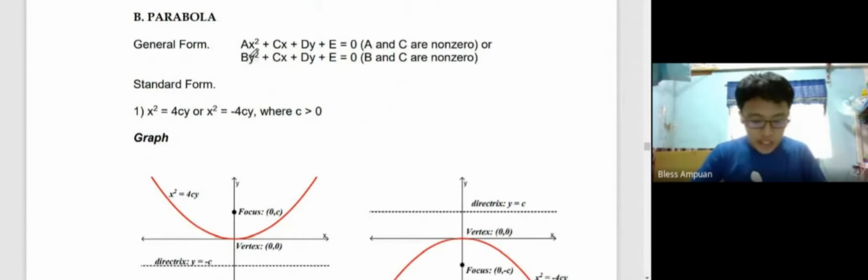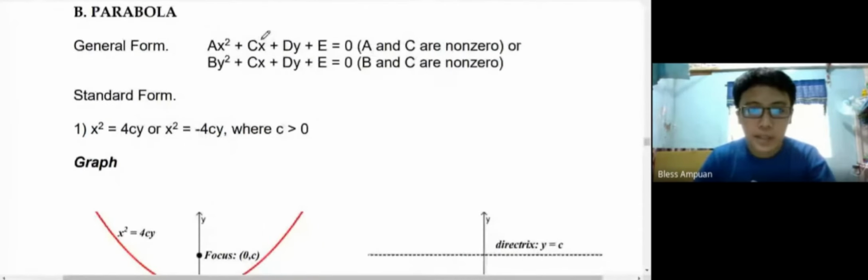So here is the parabola. The general form is ax squared plus cx plus dy plus e equals 0, wherein a and c are non-zero, or by squared plus cx plus dy plus e equals 0.